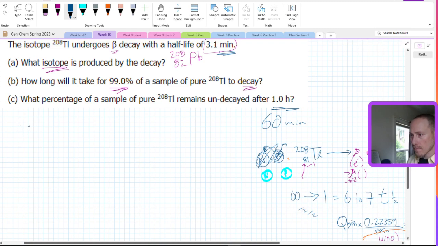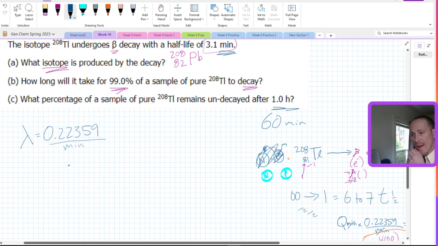So the decay rate, we've already solved several times here. What was our 0.22359? So that's like 22% basically per minute.